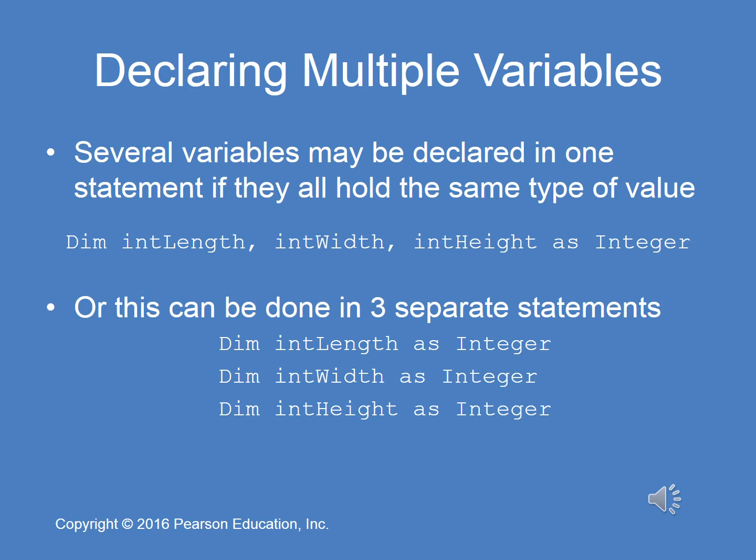That's a separate process. That's called initialization. Now, this one line of code can also be accomplished with 3 separate statements. Dim intLength as integer, dim intWidth as integer, dim intHeight as integer. So you can save yourself some time in typing if you're going to declare multiple variables of the same type. You can do that in one line with one dim statement.